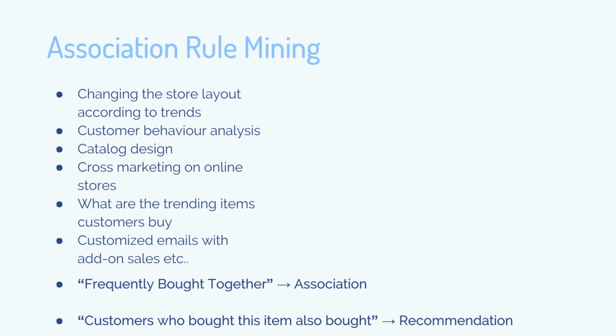Based upon this, they split it into two types, one is association and one is recommendation. If you are buying frequently, that is association. The customer who bought this item also bought, that is recommendation. So this is the different way of association rule.